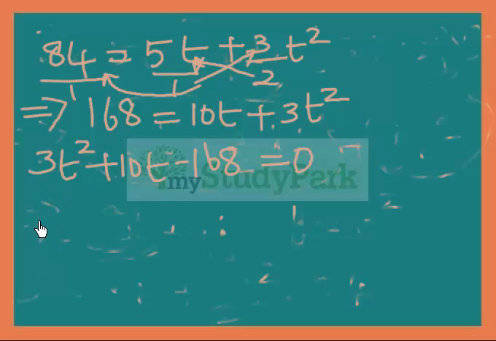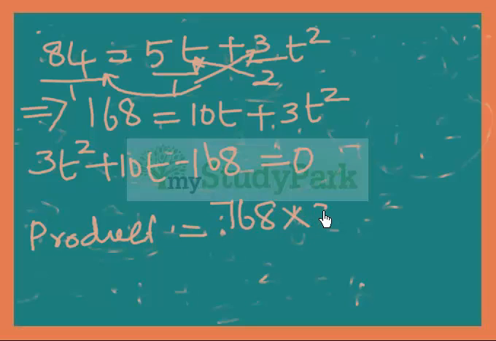So here let us try to understand product of two numbers equals 168, negative 168 into 3. So that becomes 8 3s are 24. You have 2 carry over. 6 3s are 18. 18 plus 2 is 20, and then 5.